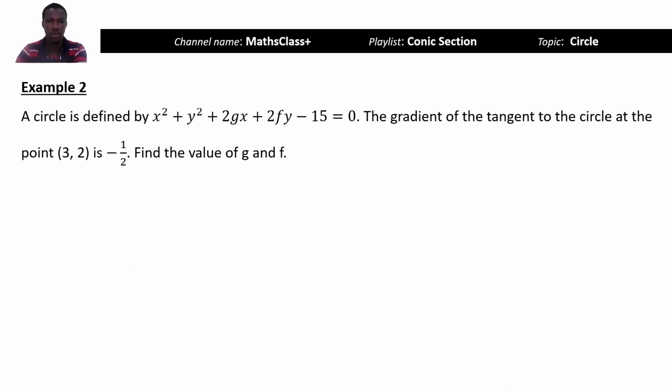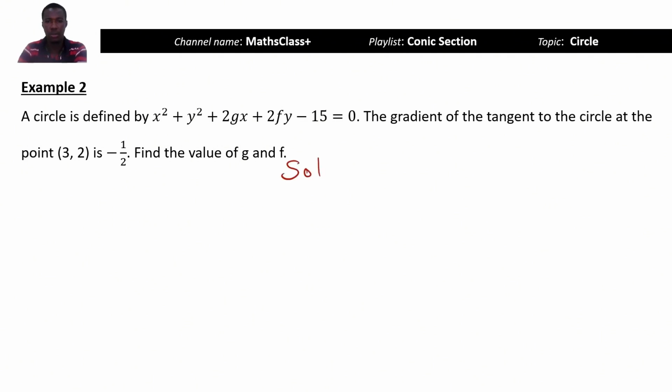Example 2. A circle is defined by x squared plus y squared plus 2gx plus 2fy minus 15 equals 0. The gradient of the tangent to the circle at the point (3, 2) is -1 over 2. Find the values of g and f.